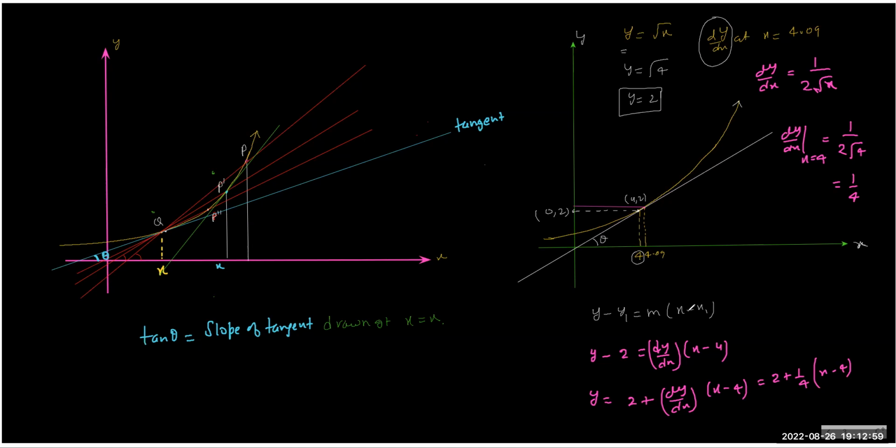Because the gap is not much, I can say both answers will be roughly the same. That is an approximation. So I can write y equals 2 plus 1 by 4 into x, which is 4.09 minus 4.